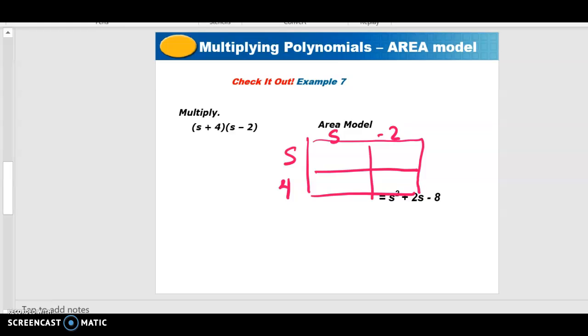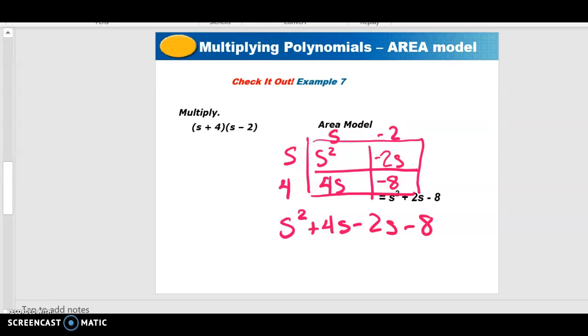Let's multiply. S times s is s squared. S times negative 2 is negative 2s. Then we come over and we say s times 4 is going to be 4s. And finally, 4 times negative 2 is a negative 8. I'm going to take all of these and write them down here: s squared plus 4s minus 2s minus 8.